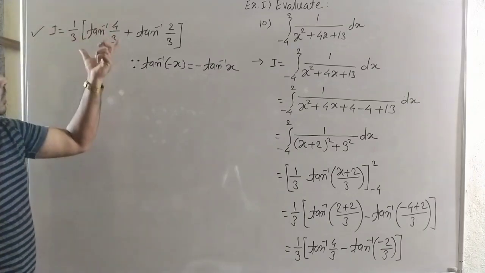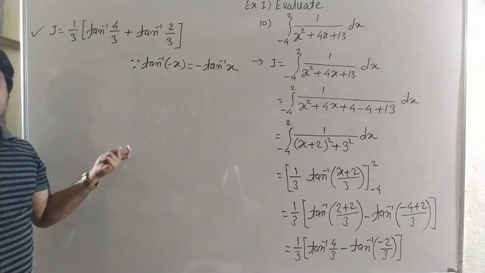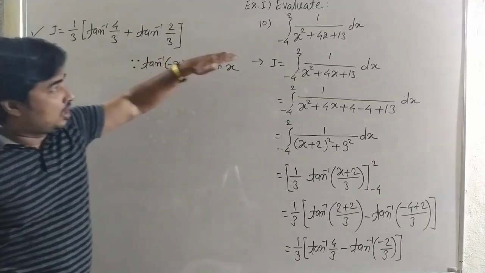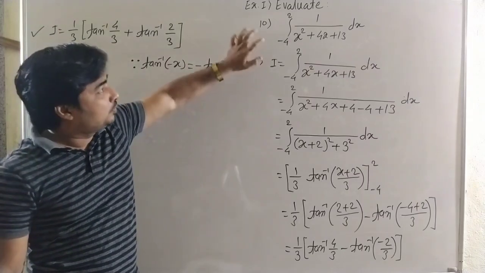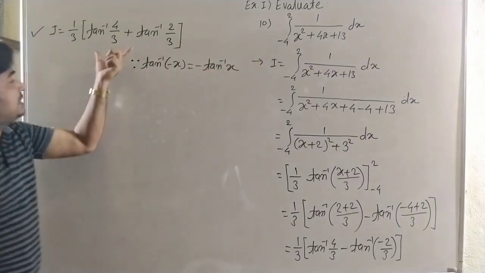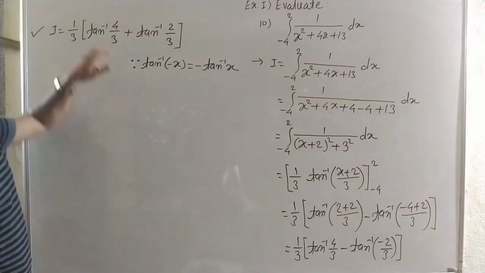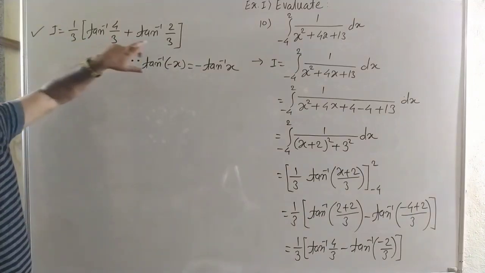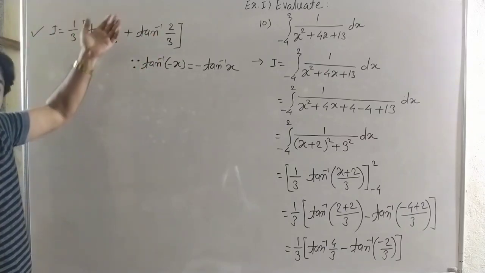But if this answer is not in our options, in an objective question in CET or JEE, then again we use a property of the inverse trigonometric function. Here we use tan inverse x plus tan inverse y, and then calculate.